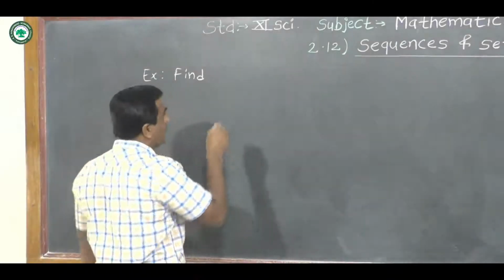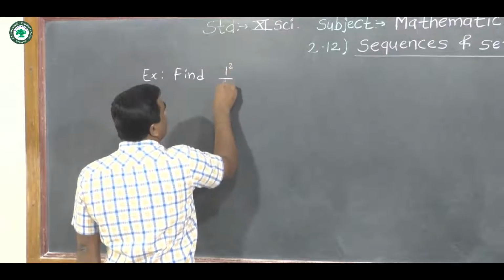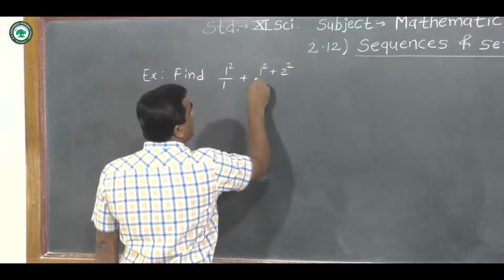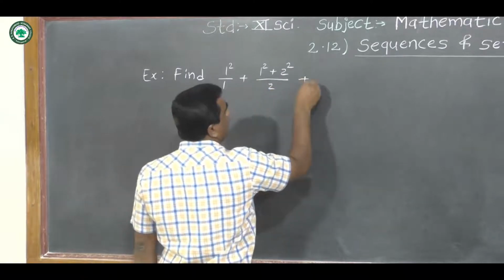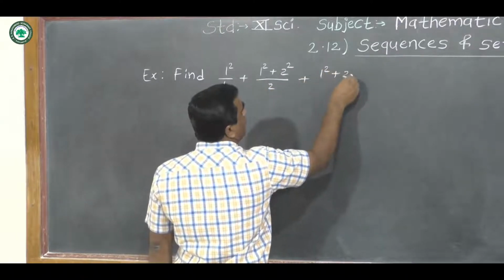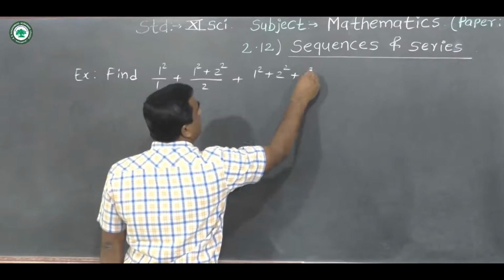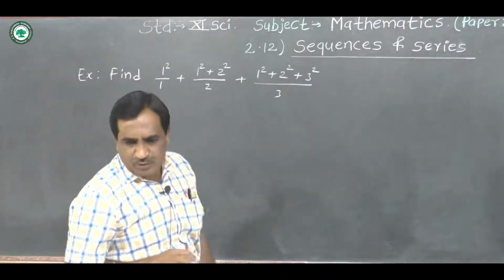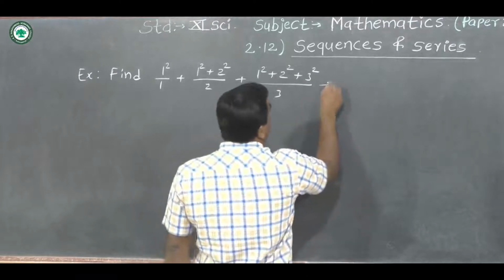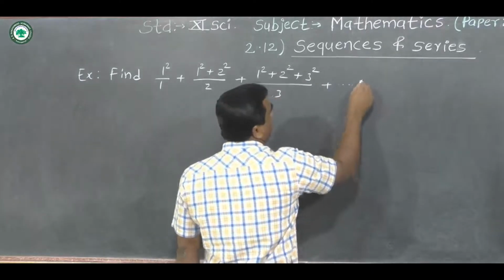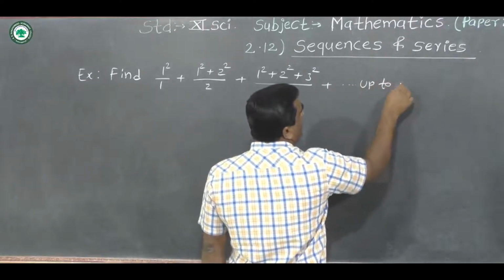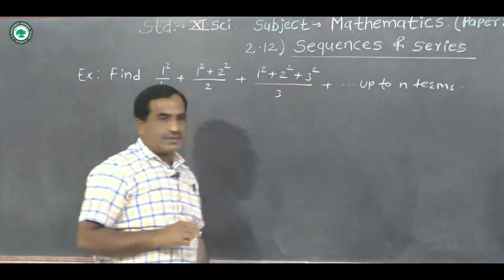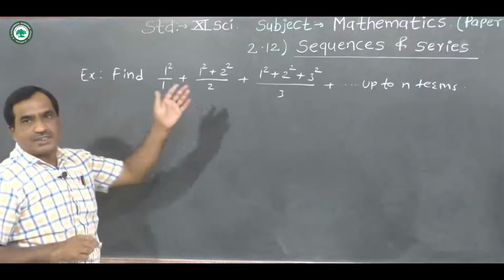Now we see one more example here. Find 1 square upon 1 plus 1 square plus 2 square upon 2 plus 1 square plus 2 square plus 3 square upon 3 plus so on up to n terms. Okay, we have to find this series or sum.